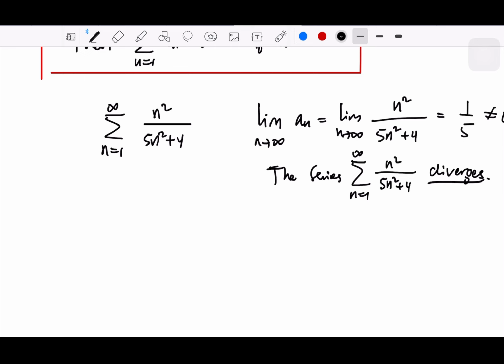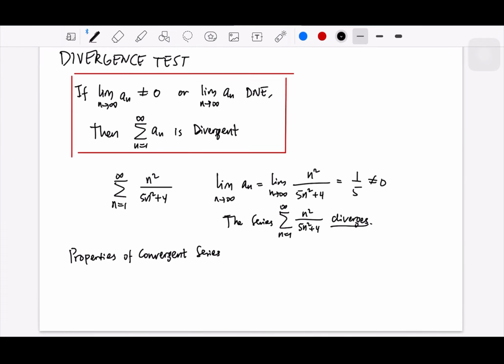Okay, some properties of convergent series. Let me take this.